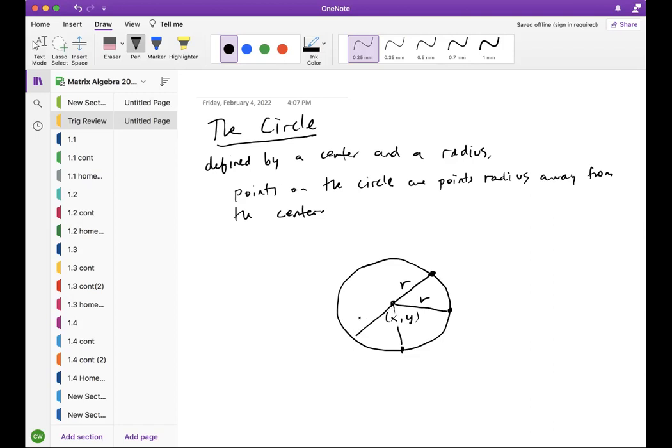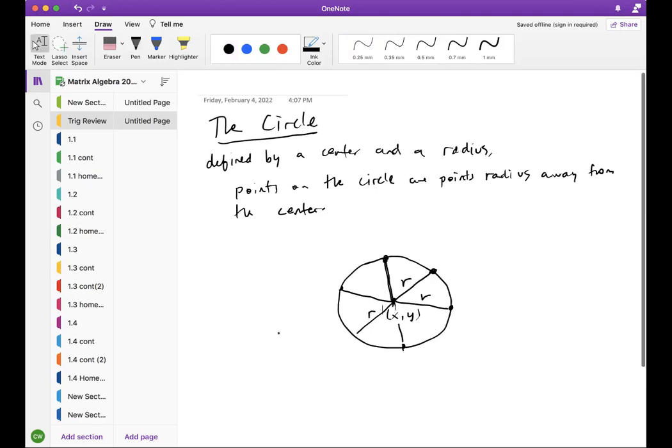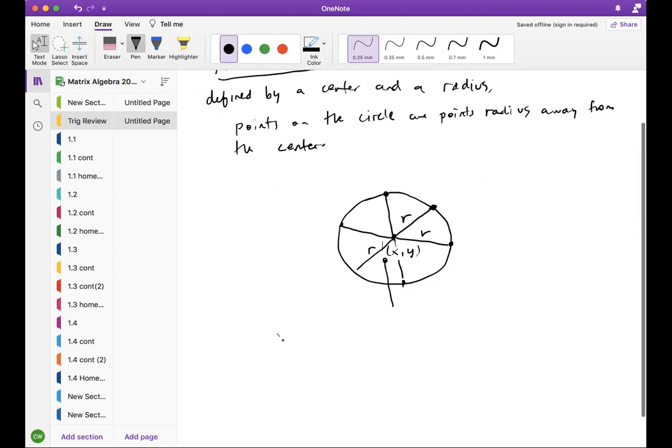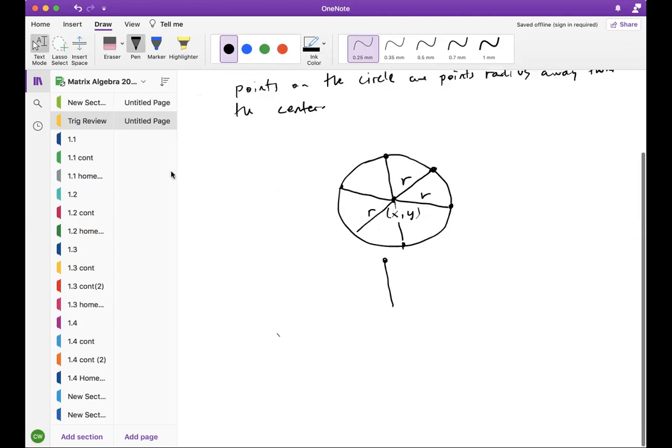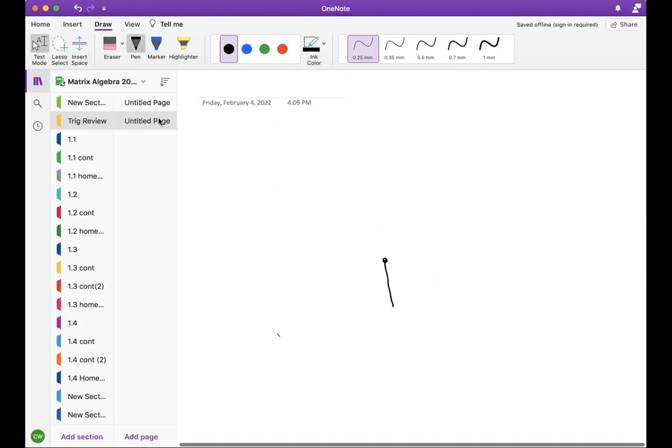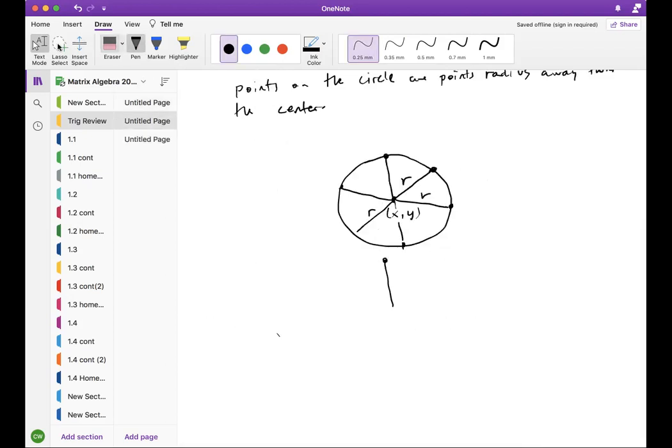All right, so with this definition, we can actually come up with the equation of a circle.